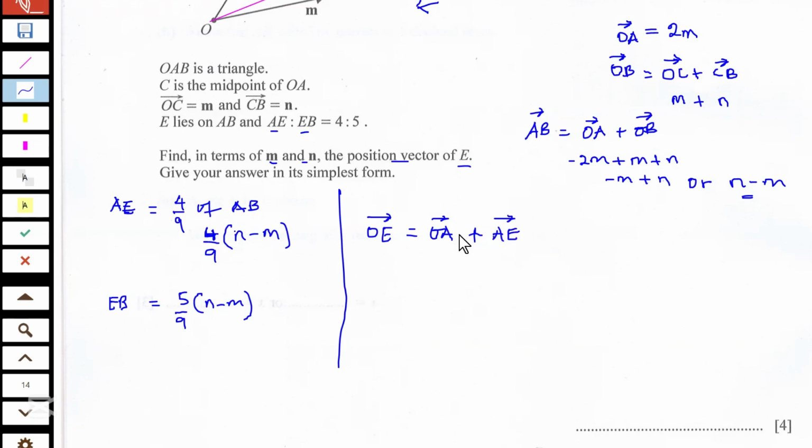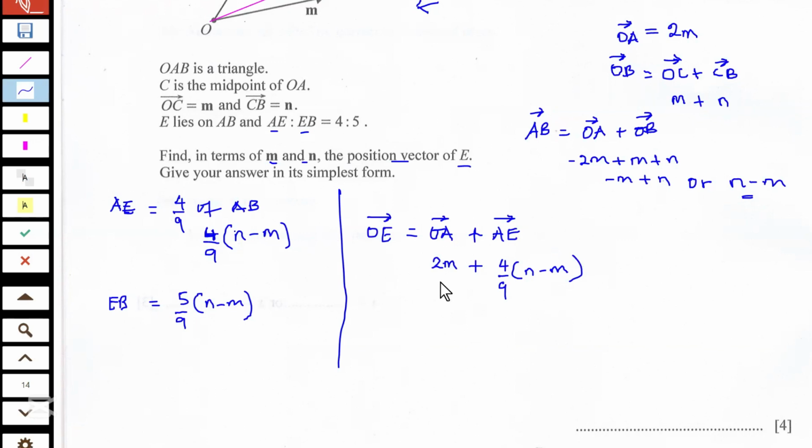Vector OA is 2m, so substitute this: 2m plus vector AE, which is 4 over 9 times n minus m.